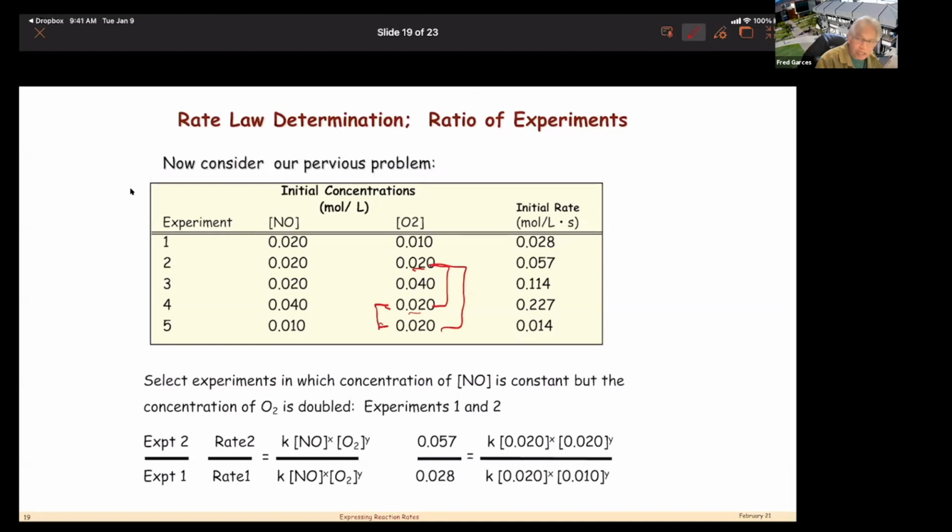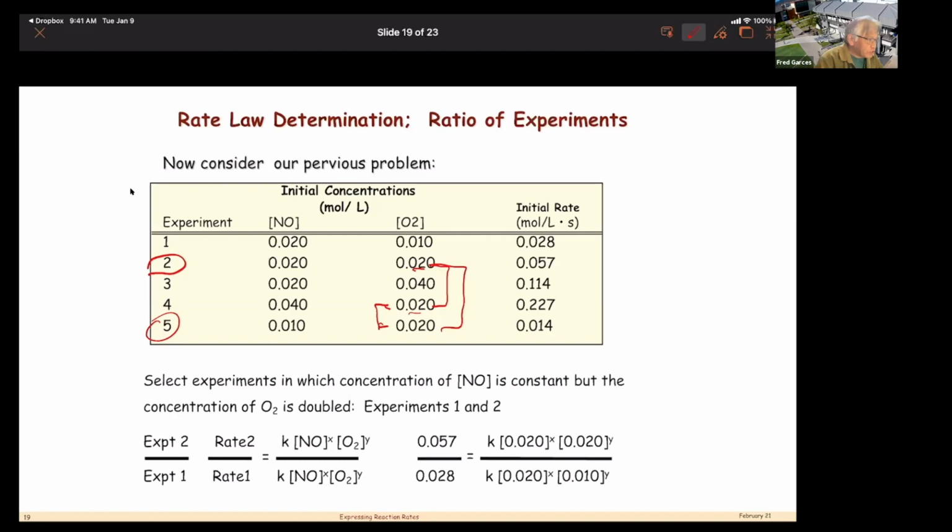So I can pick experiments 2 and 4, or 2 and 5, or 4 and 5. It doesn't really matter. You get the same result. Let's say I take 2 and 5, because that's what I worked out. But again, you could easily pick 2 and 4, or 4 and 5.